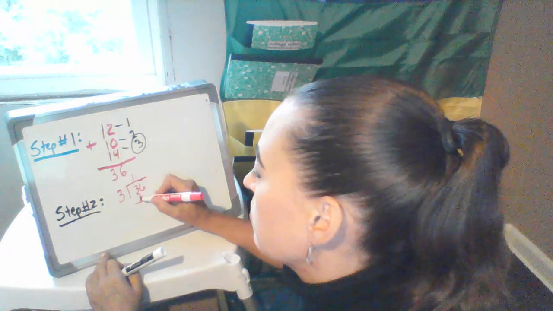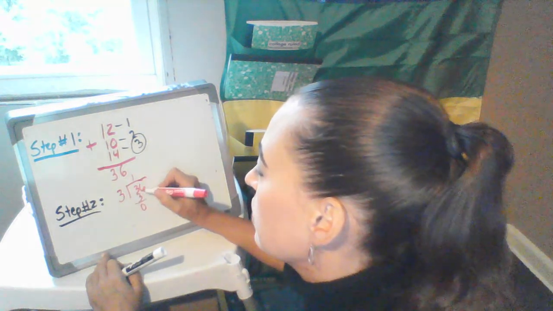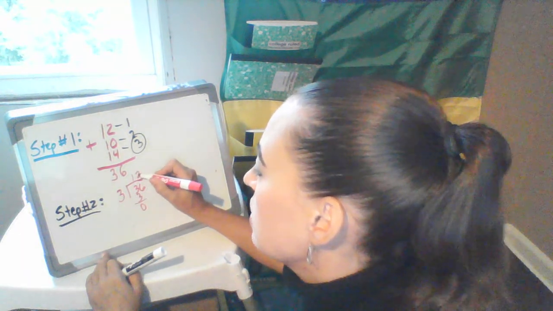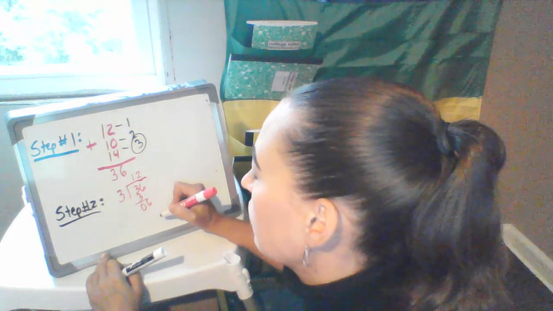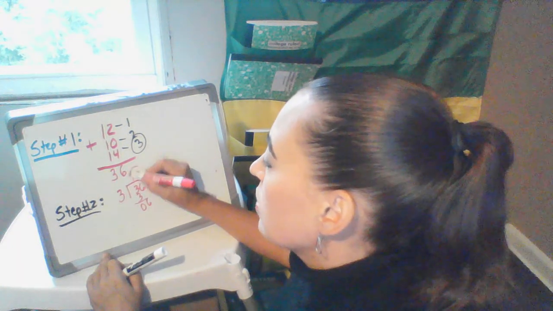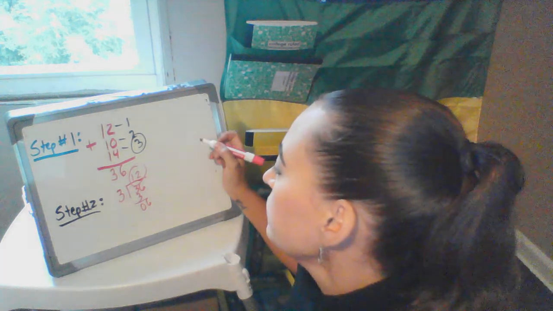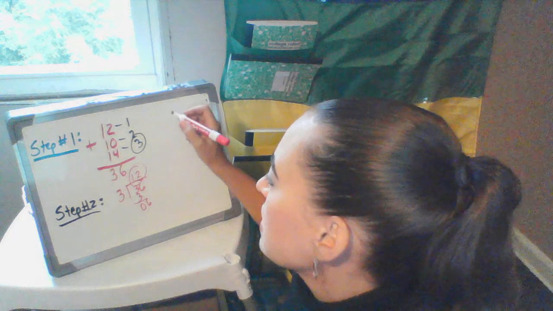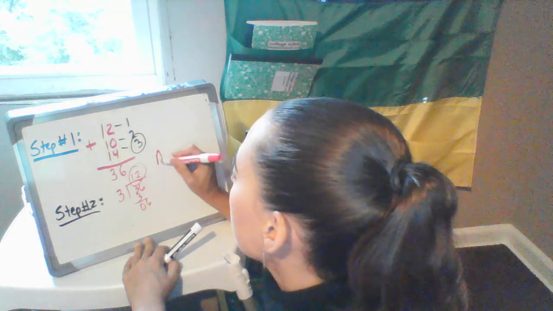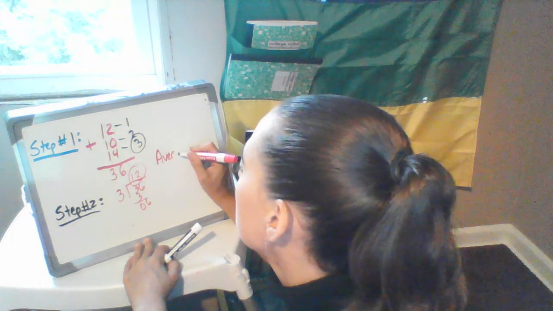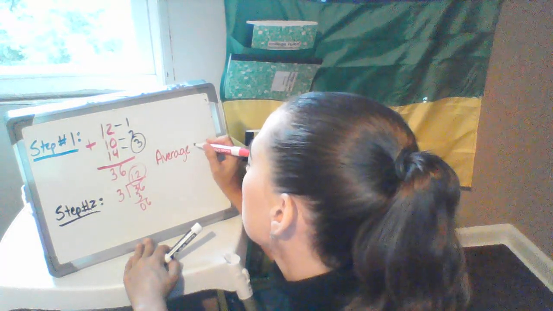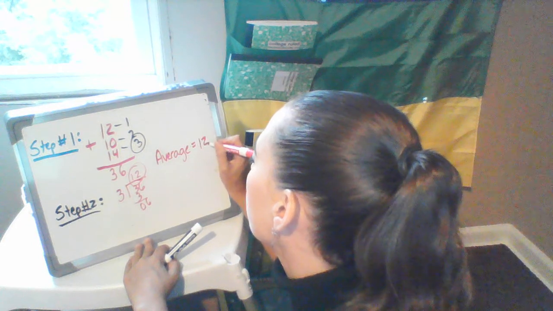Left with 3 minus 3 is 0. 3 goes into 6 2 times. 2 times 3 is 6. Okay. So it's 12. So what does that tell me? That means the average equals 12.